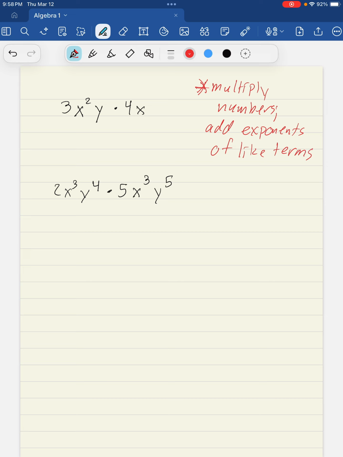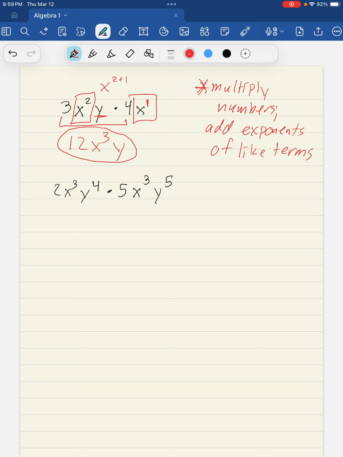So on this one right here, we're going to go 4 times 3, and that's going to give you a 12. And then you're going to use the exponent property rules on your x term. Ooh, this one doesn't have an exponent. Let's put a 1 in there. So that's going to be x to the 2 plus 1 power. That's going to give us x to the 3rd. And this y is just chilling, so we just bring it right down. Boom. There we go.